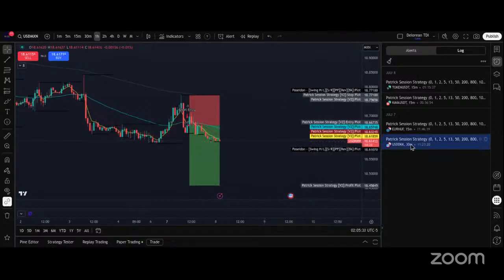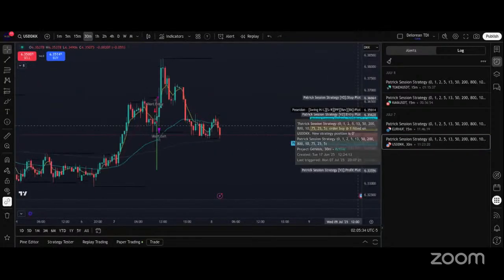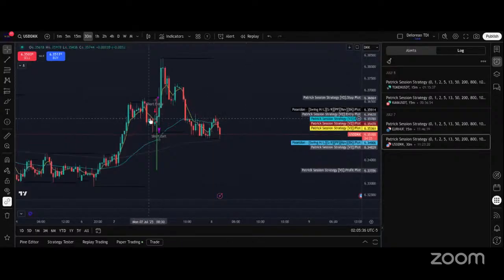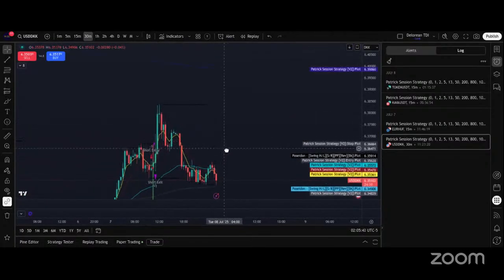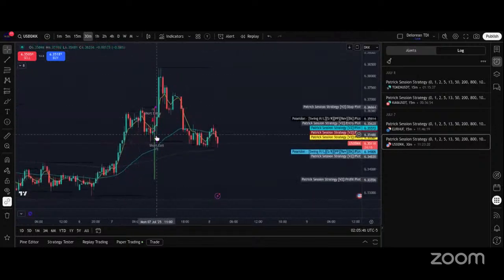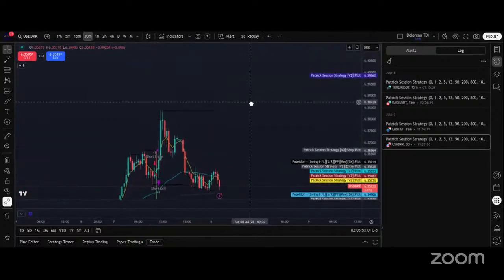We move on to the United States dollar versus the Danish krone. This is an example where you would not have entered the trade. Why? Because at the time of the trade, the blue is at the top, the aqua is in the middle, and the gray is on the bottom. This is not BGA, so this is not a downtrend.